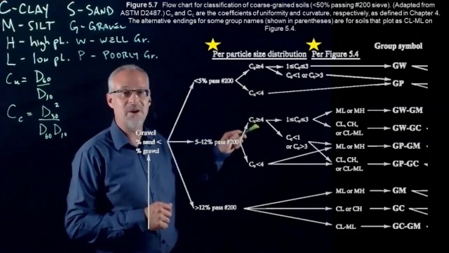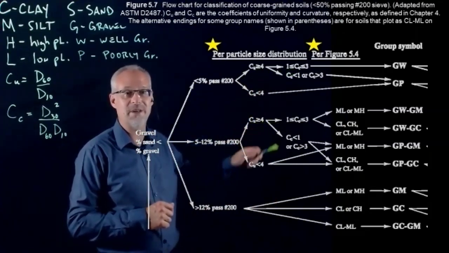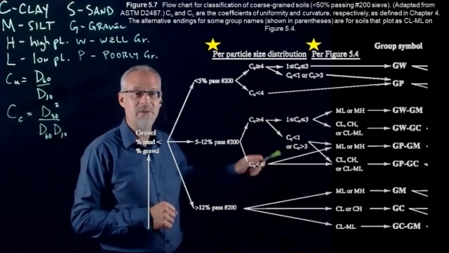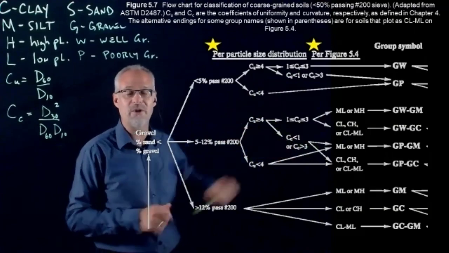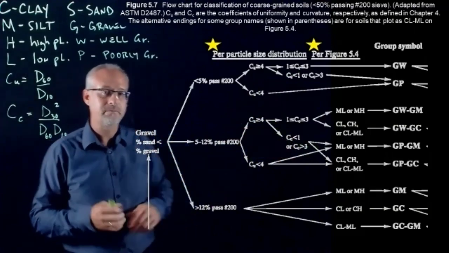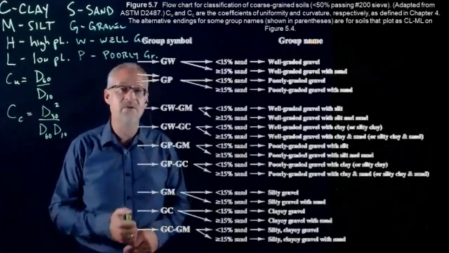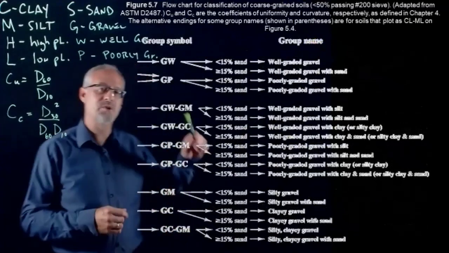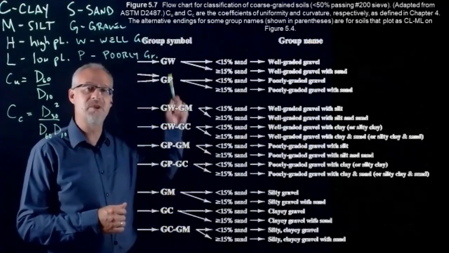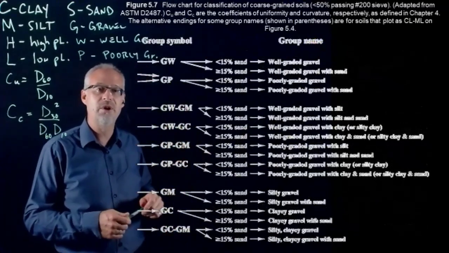Same thing here, coefficient of uniformity, coefficient of curvature. Down here, we just need the uniformity. We don't need the other one. And there is even a little zone here where they cross over. The last part I zoomed in on is where it gives you the group symbol, the two-letter code, and the group name.